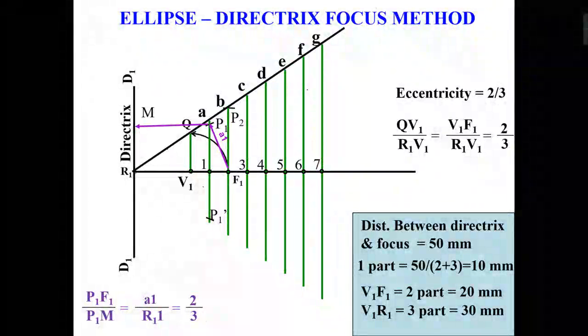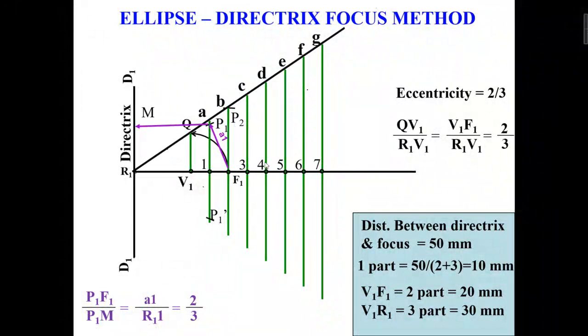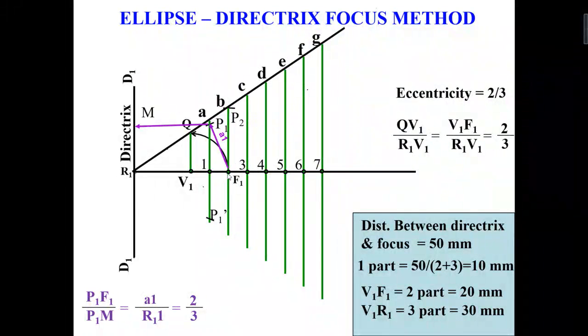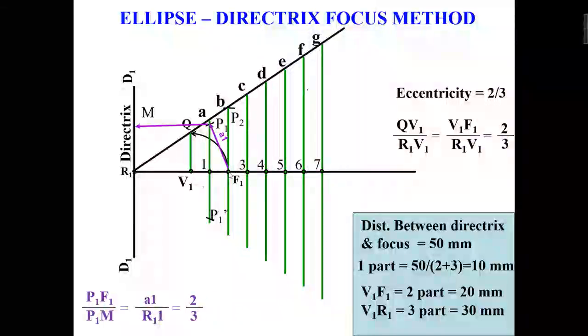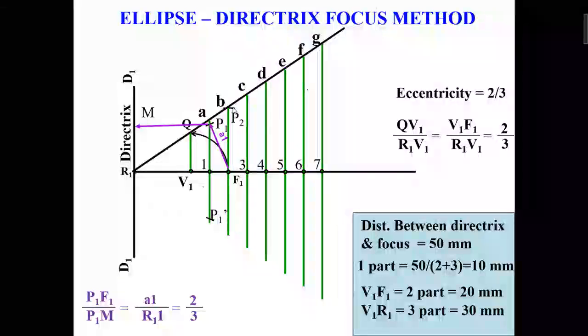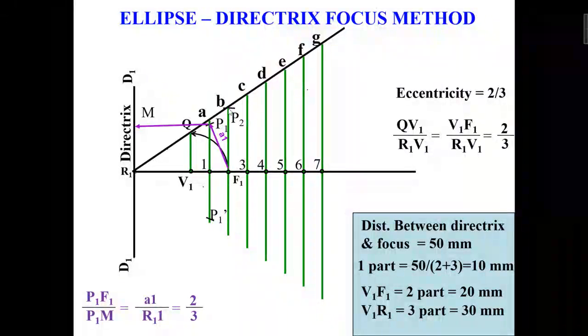In a similar way you can mark other points of the curve on these vertical lines. This is the second line. In this line you take the distance F1B, put the rounder on F1 and mark it on the vertical line. You will get the same point B, so this is your point P2.